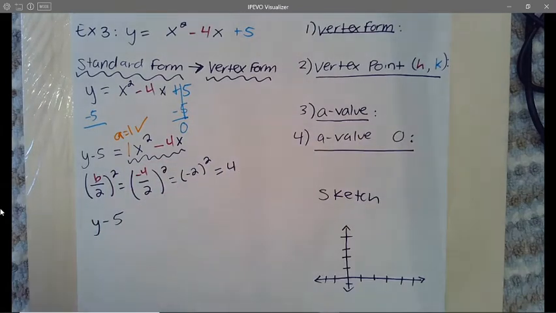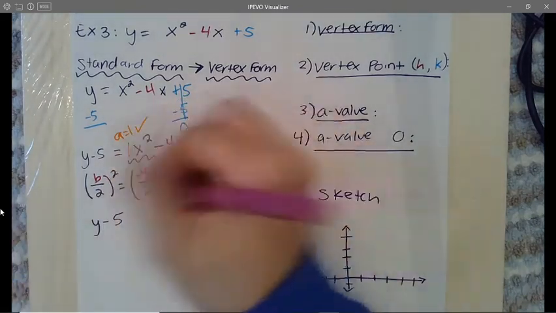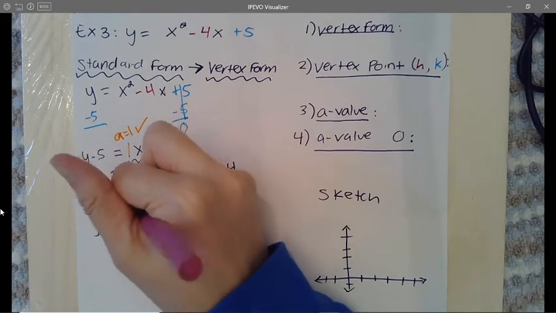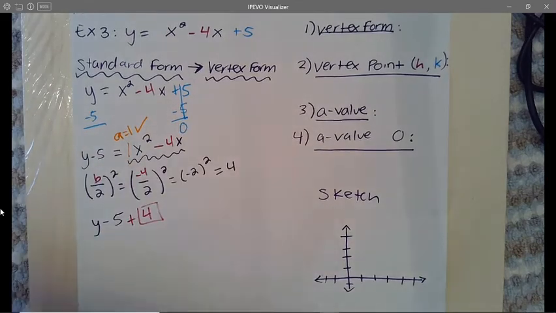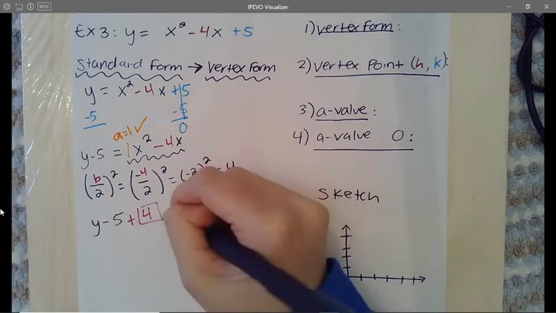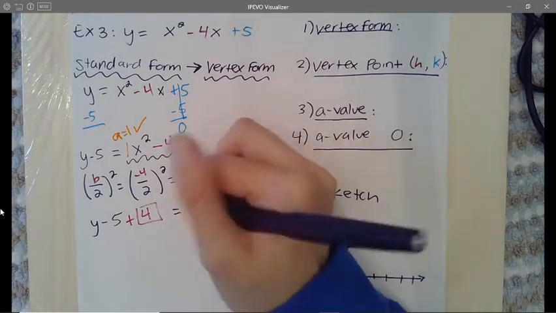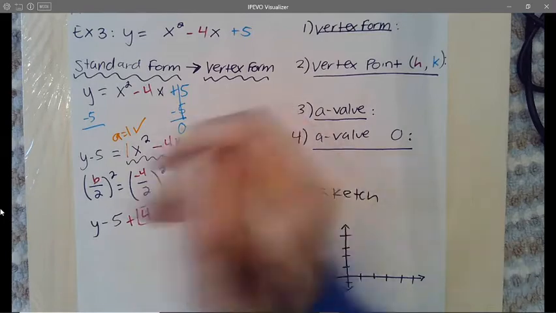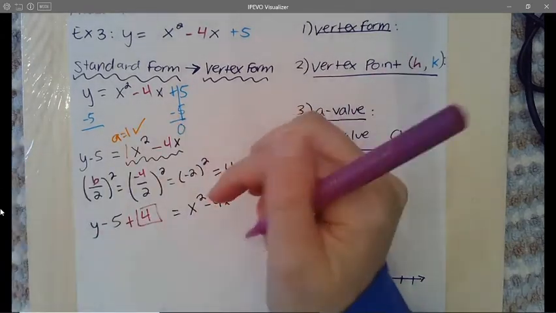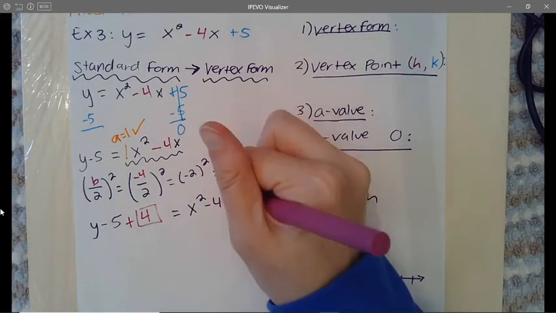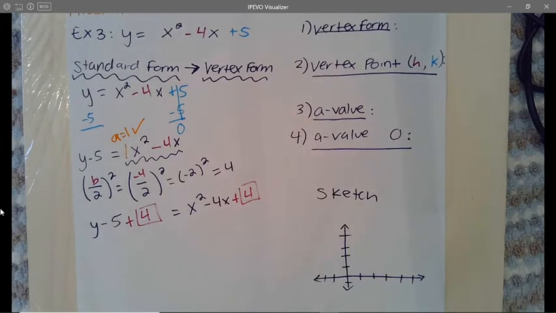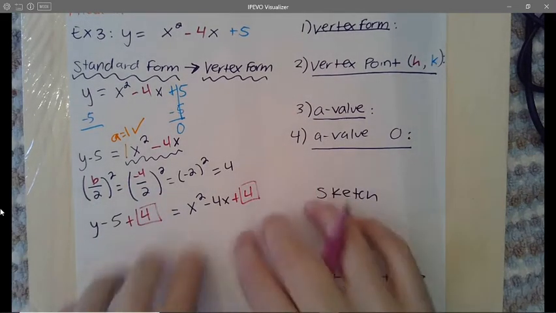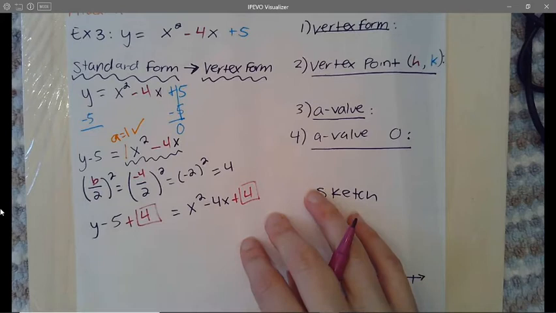I'm going to add that magical number onto both sides, so plus 4. Okay, and that will equal x squared minus 4x and then plus 4. Okay, so I've added it on both sides of my equation. Don't forget that or the demon cats will get you.